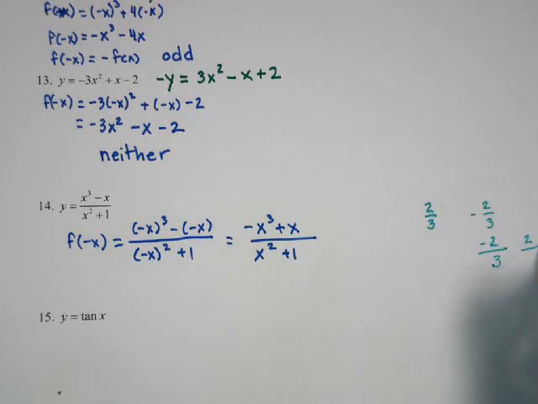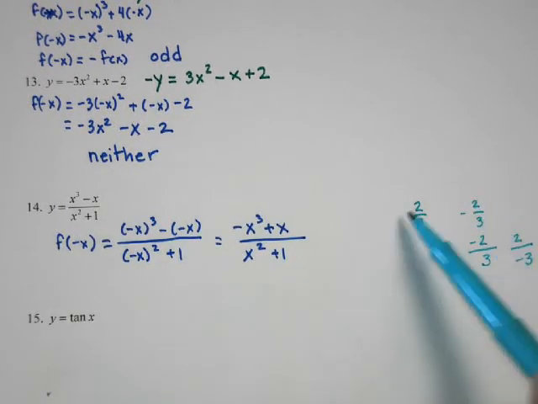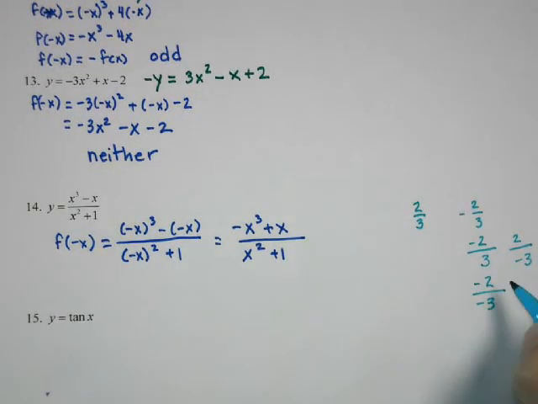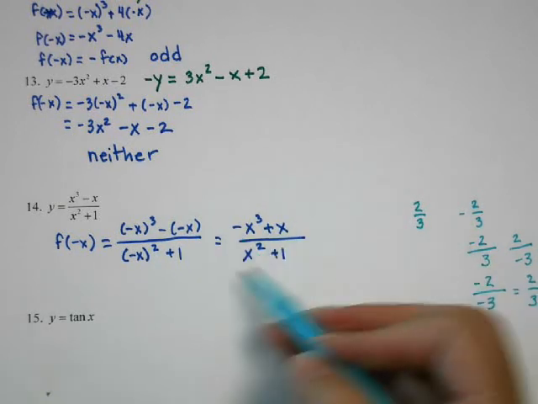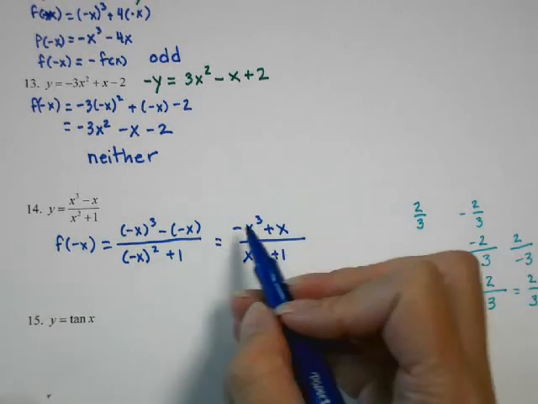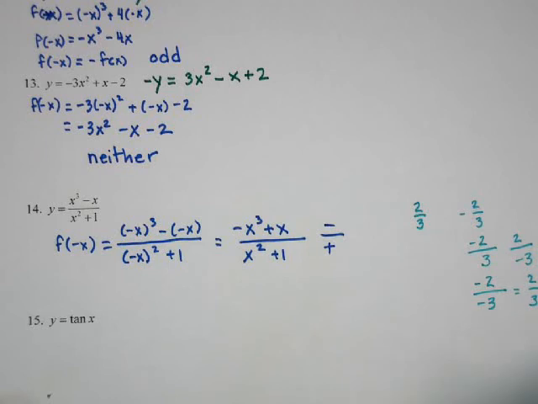So if one part of the fraction is exactly opposite, that means the whole thing is opposite. Now, if we had gotten opposite over opposite, well, that would be exactly the same. So if everything changed on the top and the bottom, then it would actually be even. But this one is going to be equal to the opposite, because this is basically a negative over a positive, which means it's opposite. So this is going to be odd.